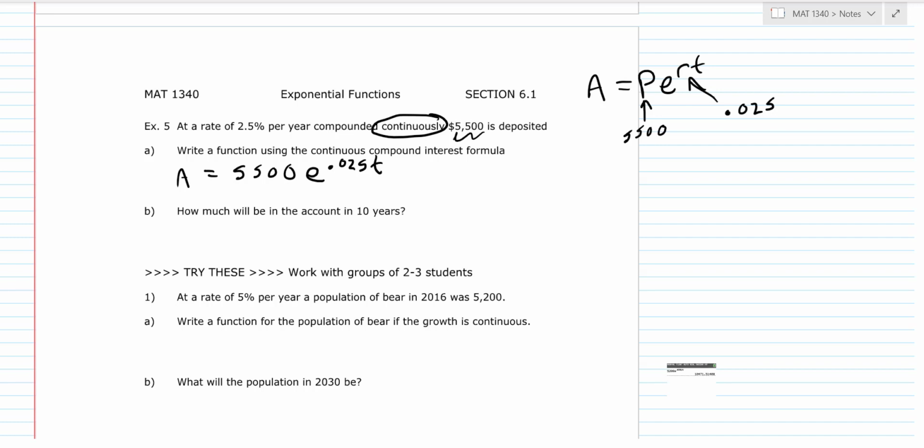Okay, so again, you're given an initial value, 5,500, and you're given an interest rate. So the question on B is how much will be in this account in 10 years. So now you're going to do 5,500 times e to the 0.025 times 10. Then you just put that in your calculator.